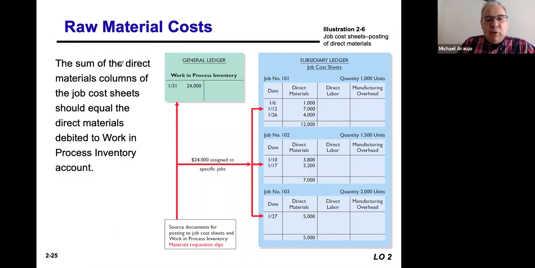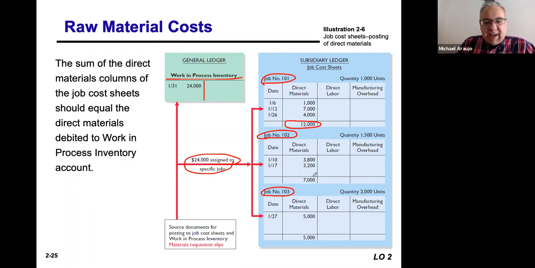Yes, work in process inventory now has a $24,000 debit showing those raw materials requested. However, they have to be assigned to the specific jobs. And so this particular company has job 101, job 102, and job 103 that these materials have been requested for. So of the $24,000 of work in process inventory, $12,000 of direct material is going to job 101.